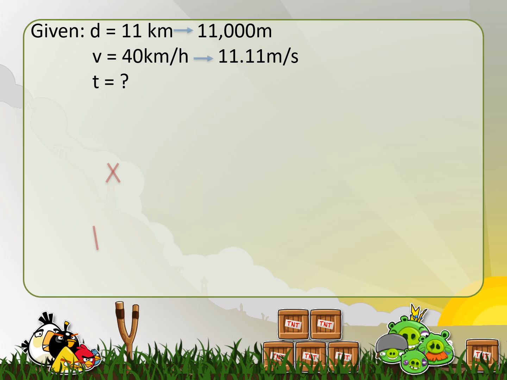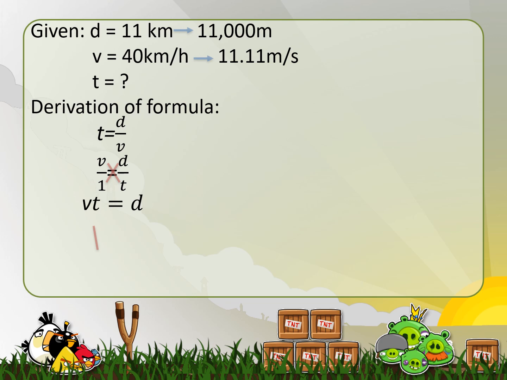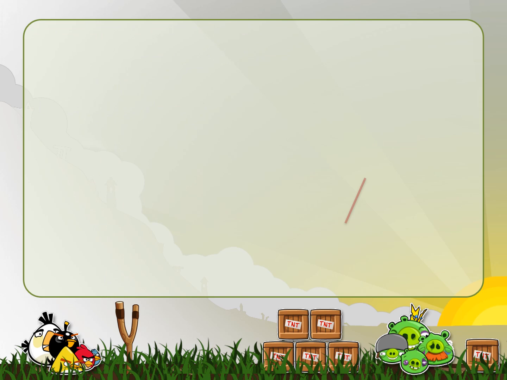We have the derivation of the formula. T is equal to D over V. We have the solution. Time is equal to distance over velocity. Substitute the values.